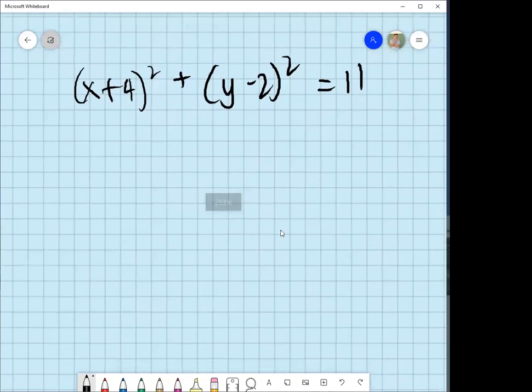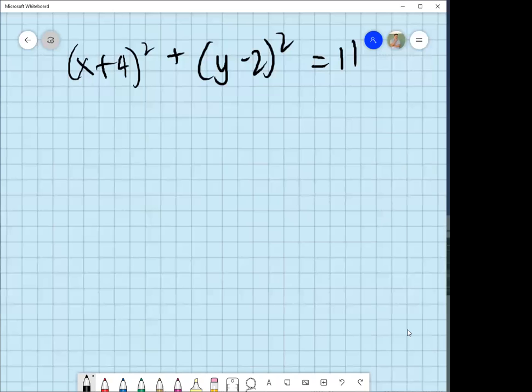When you're finished, type the answer in the chat box. Okay, let's continue.